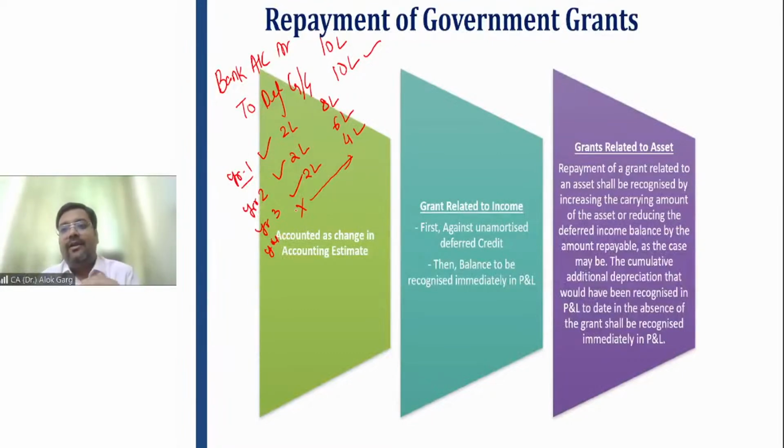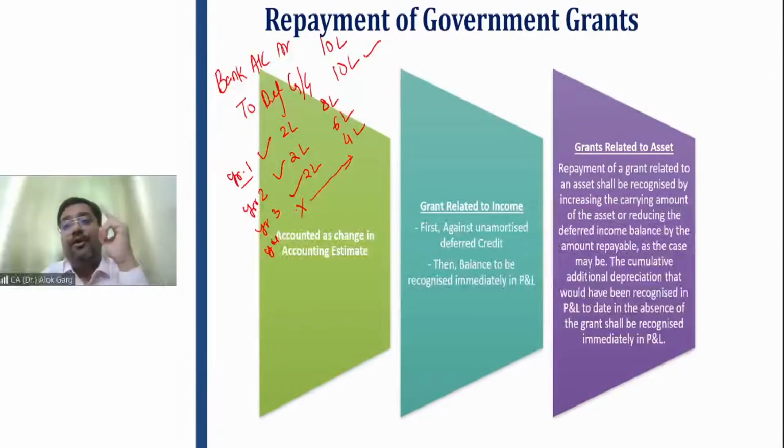In the current scenario, there was a default. So it is not a change in policy, it is considered a change in estimate. And whenever there is a change in estimate, the impact has to be taken prospectively. Retrospective restatement is not allowed. No third balance sheet, no comparative restatement, nothing. The impact has to be prospective, right? So first of all, it is treated as a change in accounting estimate. Sir, we have understood.